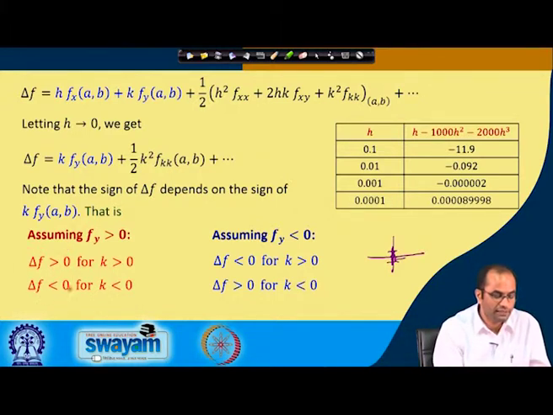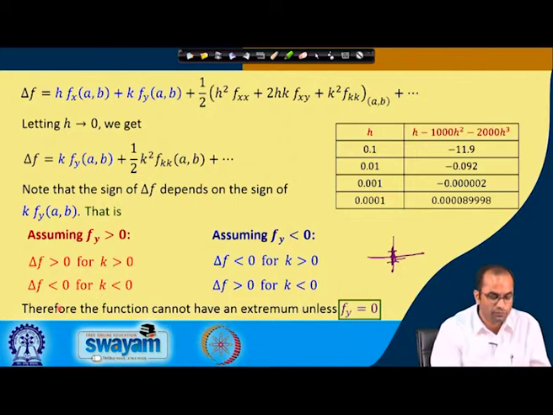Here delta f is positive for some points and negative for others in the neighborhood, and that concludes that the function cannot have an extremum here unless f_y is 0.